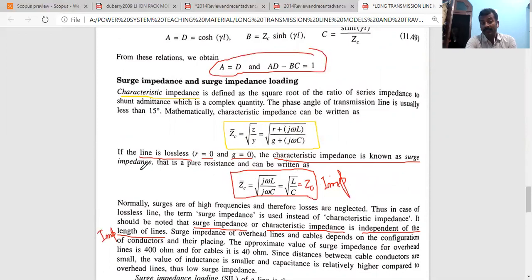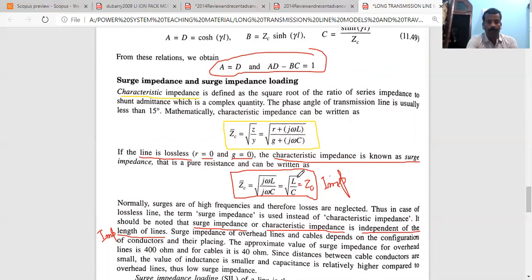And surge impedance is the net impedance when the line losses become 0, and that is pure resistance, and can be written as Z0 equal to root of j omega L by j omega C. When we put the value of R equal to 0 and G equal to 0, j omega and j omega will be cancelled out.